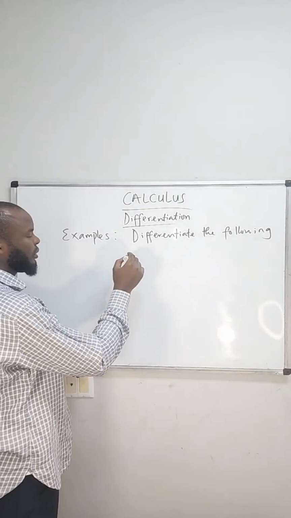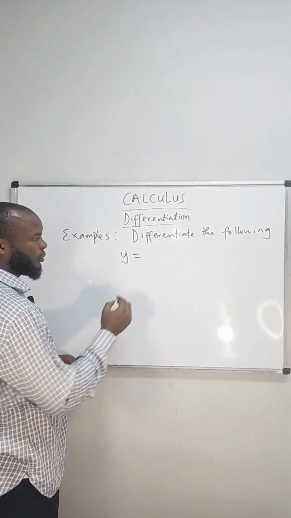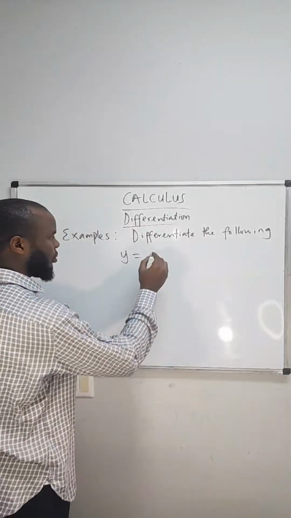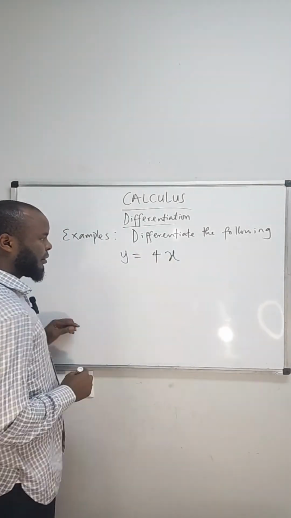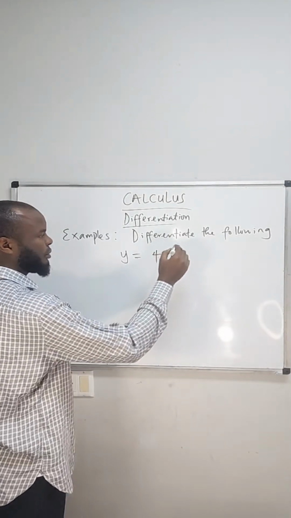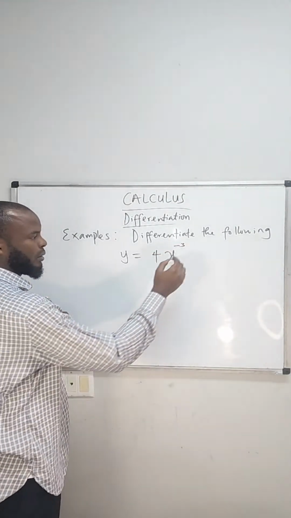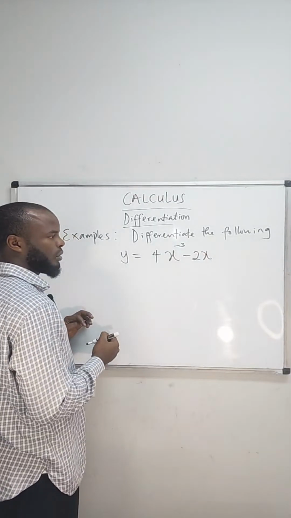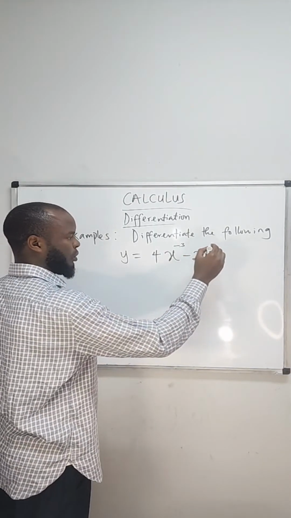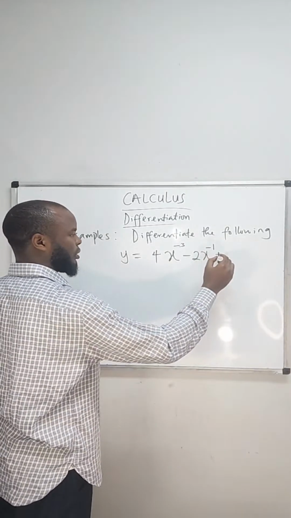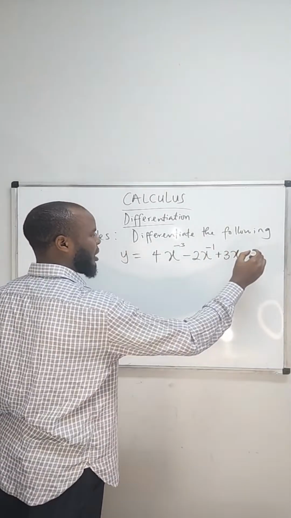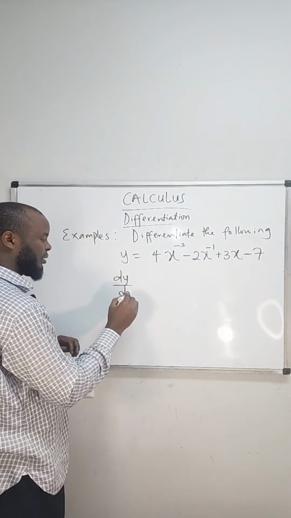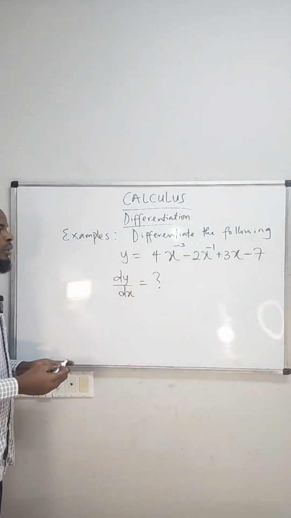Here we have, if y equals 4x to the power of negative 3 minus 2x to the power of negative 1 plus 3x minus 7, what is the first derivative?